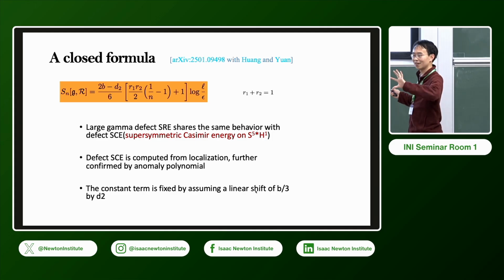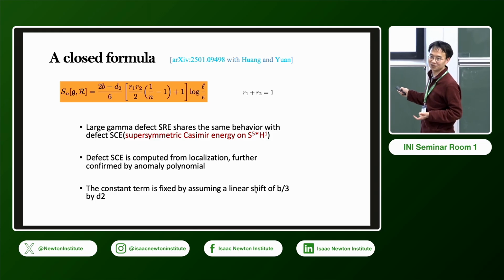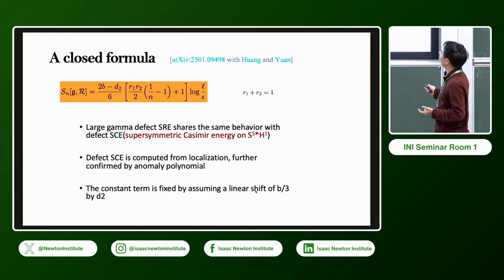This is equivalent to saying that on the Rényi entropy manifold, you take the temperature to be very high, which means n goes to 0. So gamma is very large, and you can extract this leading coefficient. Indeed, we find this coefficient is precisely reproduced from the supersymmetric Casimir energy.